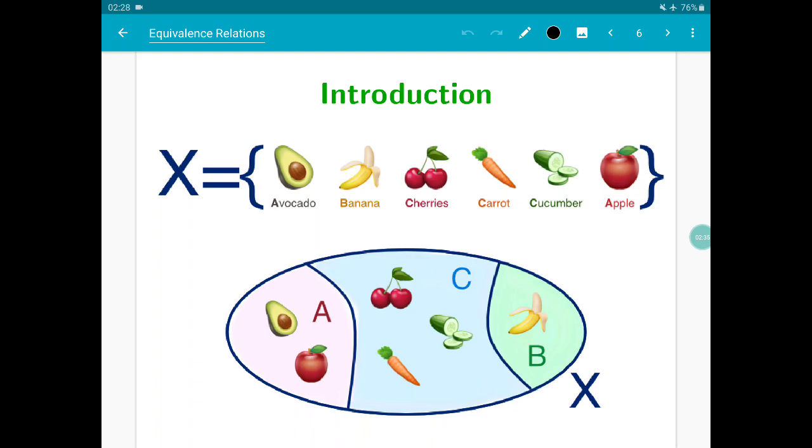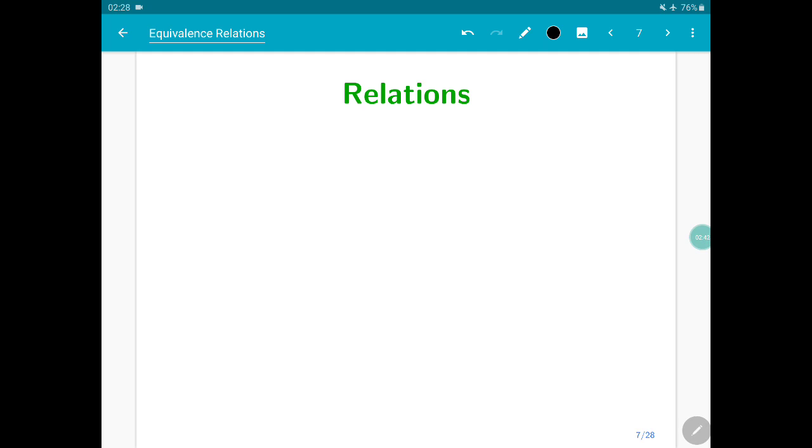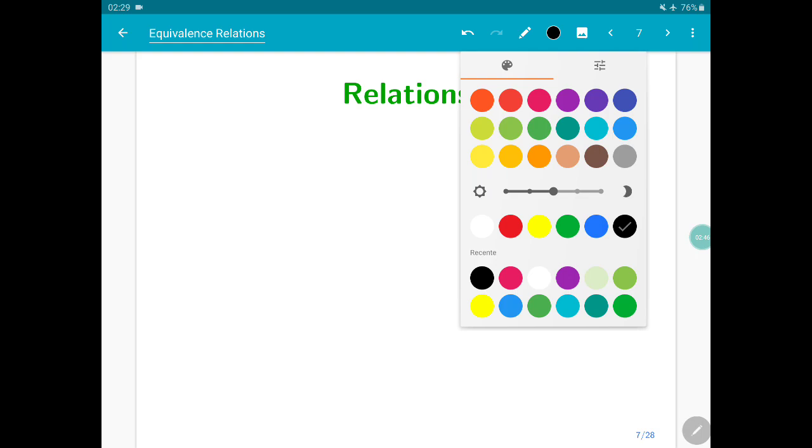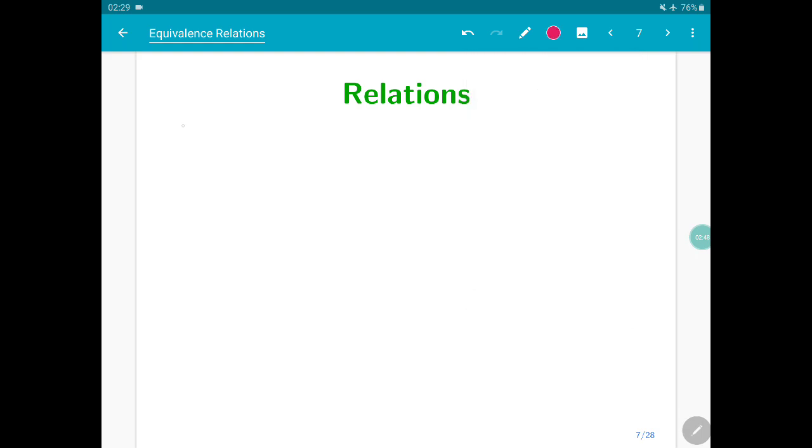So we can represent this with a relation. Let me first recall what a relation is. We had already seen this in class, but recalling is not bad. For a relation we need 2 sets. So let A and B be sets.